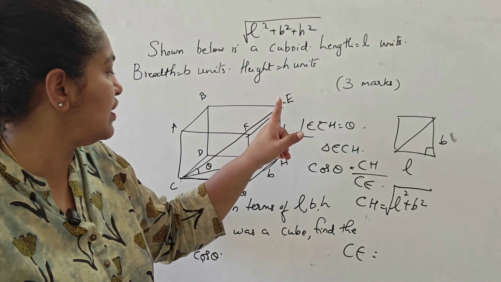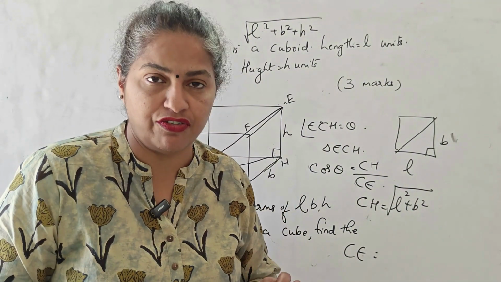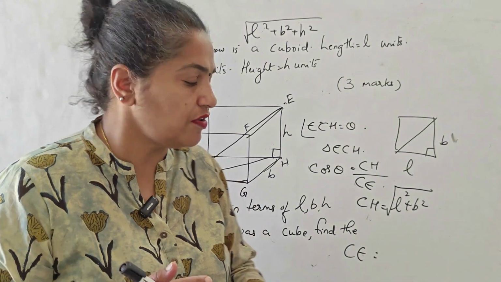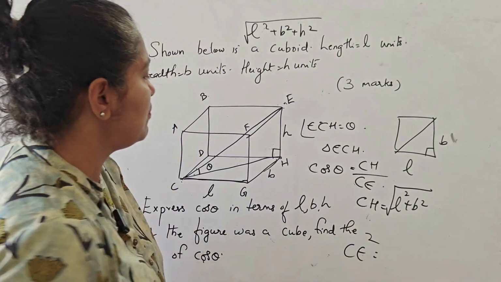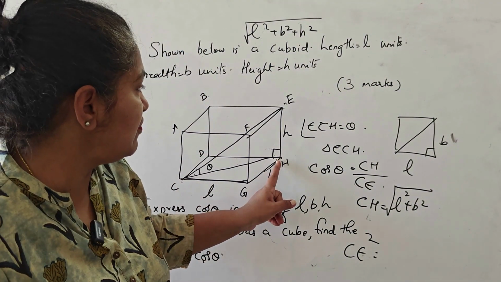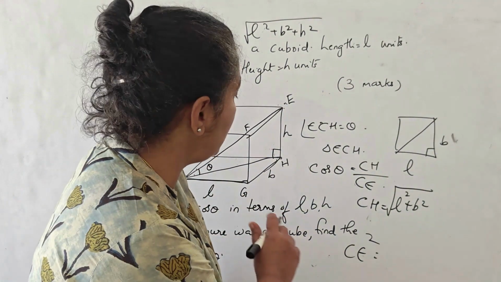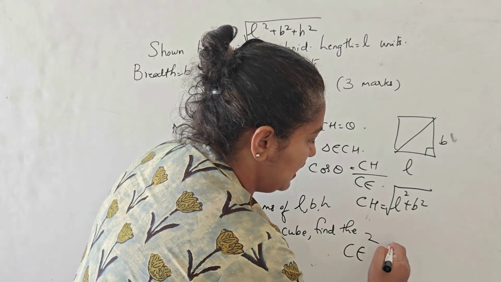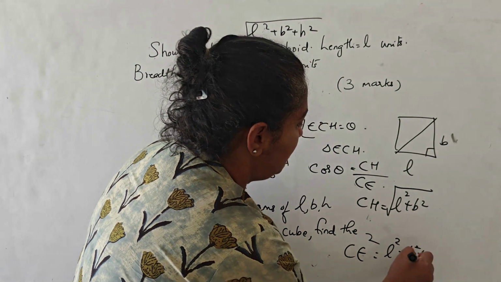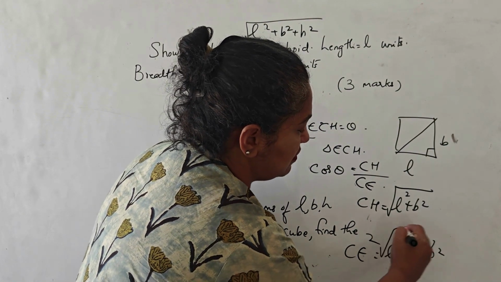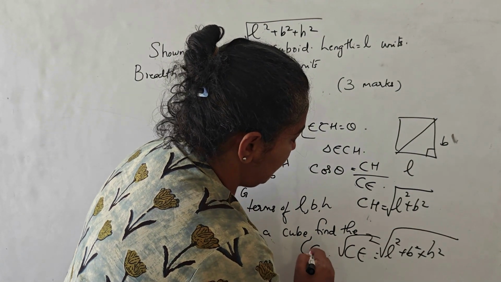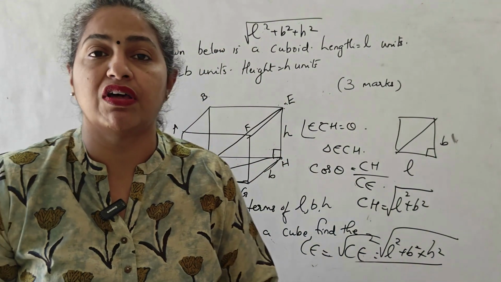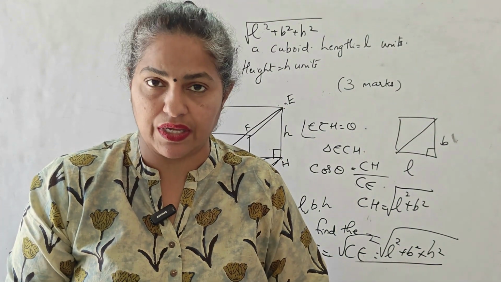You know that the triangle ECH is a right angle triangle. So, you can apply the Pythagoras theorem. You can say CE square is equal to CH square plus EH square. What is CH square equal to? It is L square plus B square, plus EH square is H square. So, my CE becomes root of L square plus B square plus H square.